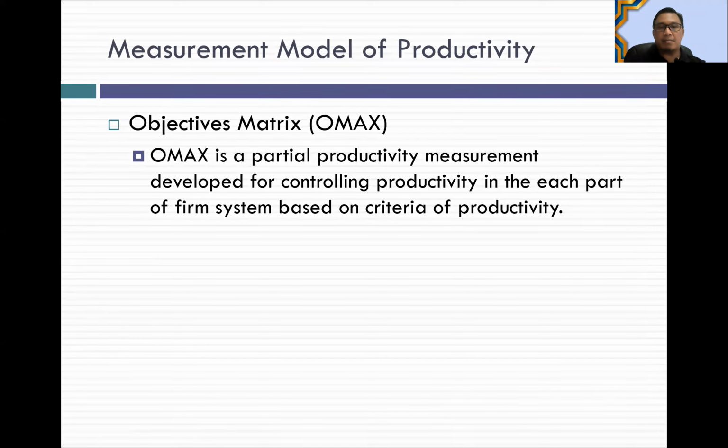So OMAX is a partial productivity measurement, developed for controlling productivity in each part of the firm system based on criteria of productivity.